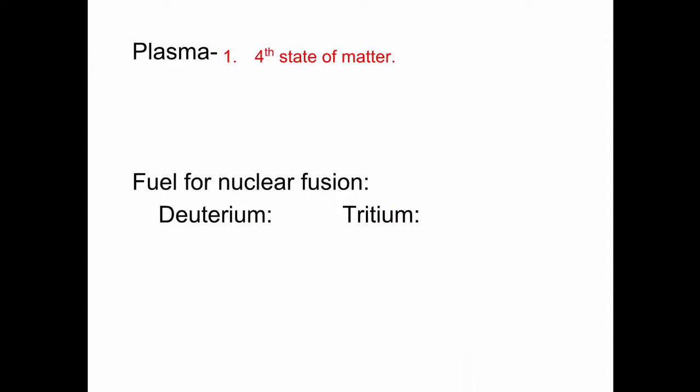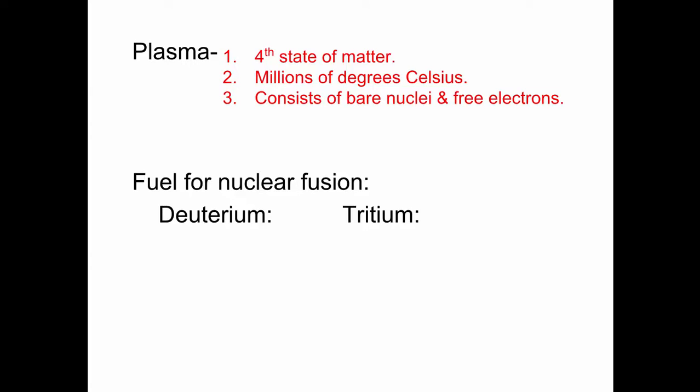So plasma is a state of matter that is often formed at very, very high temperatures, such as on the sun. And plasma consists of nuclei that have been stripped of their electrons. And so these are the sort of conditions where fusion can happen.